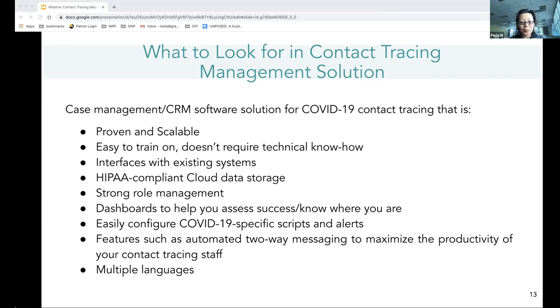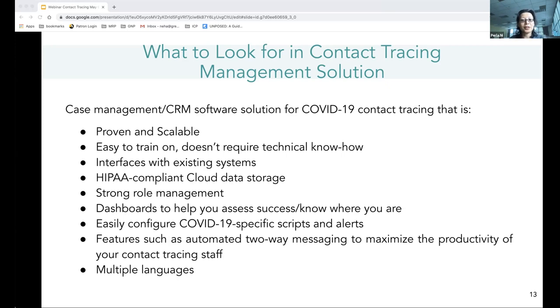Similarly, you want dashboards to help you assess success and know where you are. You want easily configurable scripts and alerts built into the platform, so it'll be very easy for someone to log in and have a script for the questions they're asking people, and to be able to input those answers.